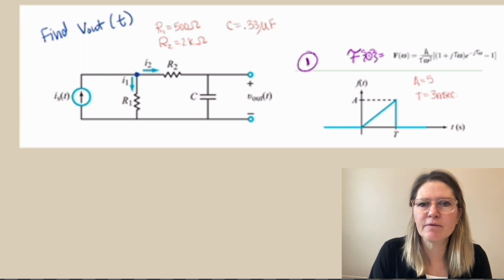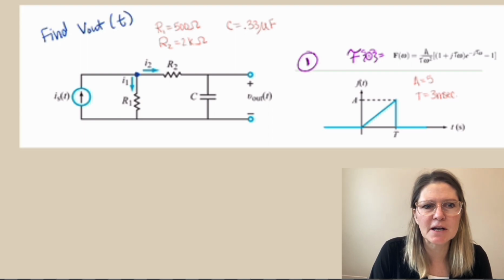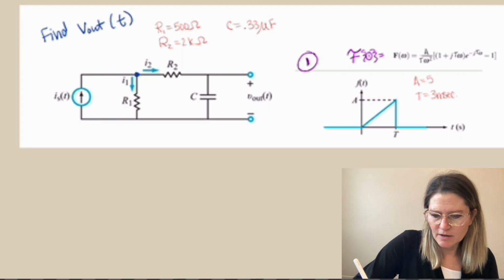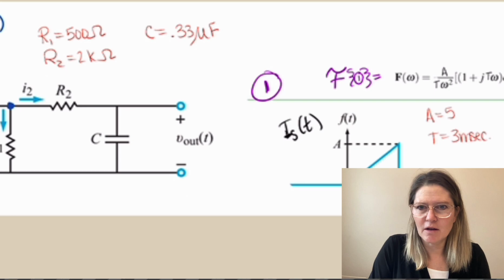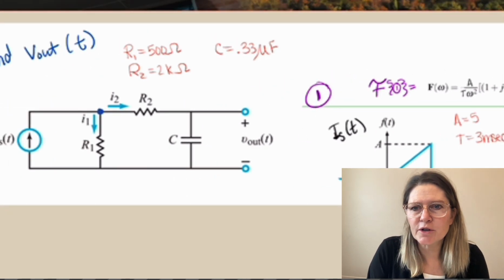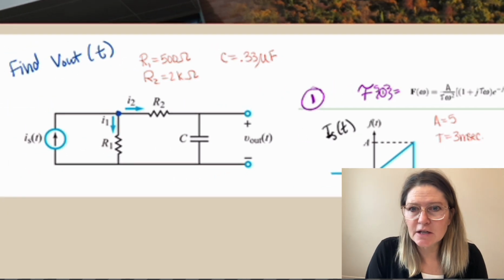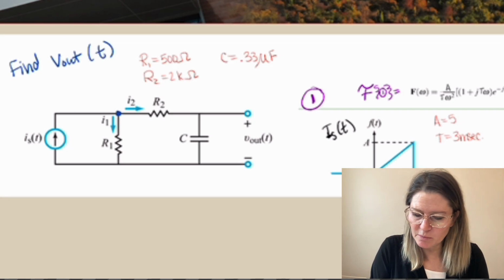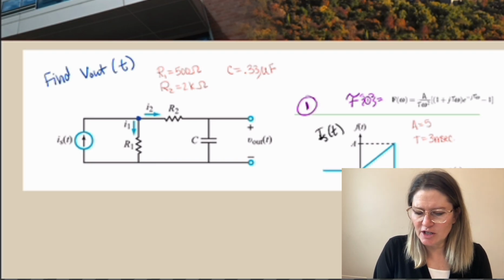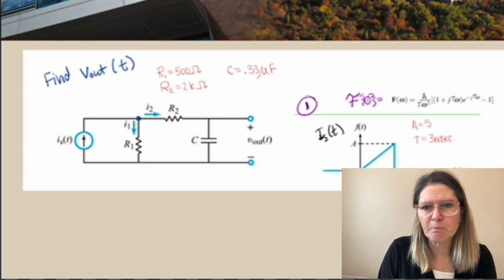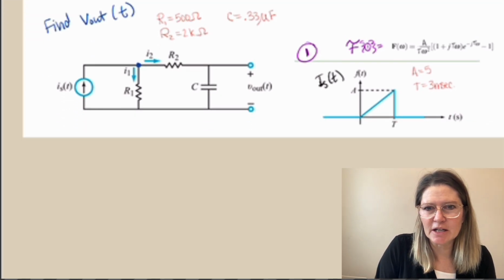The Fourier transform of this input, Is of t, is going to be A over t omega squared times 1 plus jt omega times e to the minus jt omega minus 1. So that is a Fourier transform that you can get.